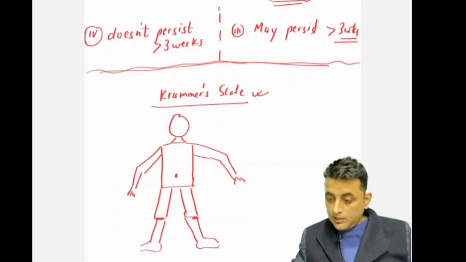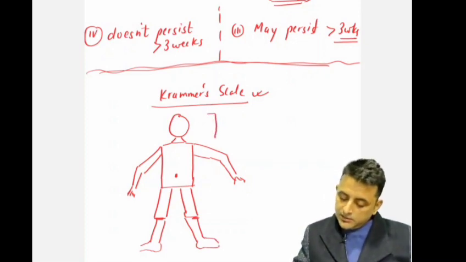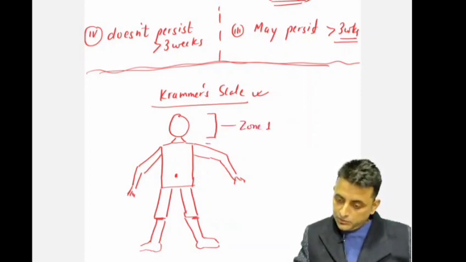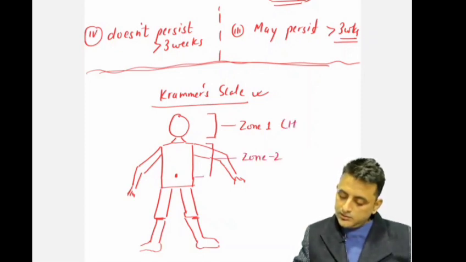Now let's divide this picture into zones. So this is zone 1, head and neck, okay, and zone 2 up to umbilicus.